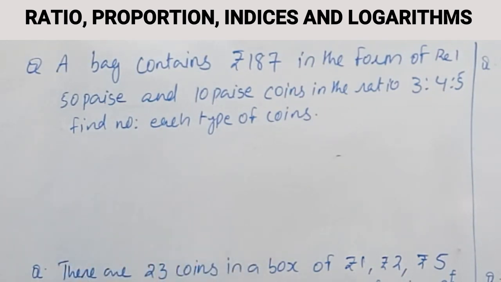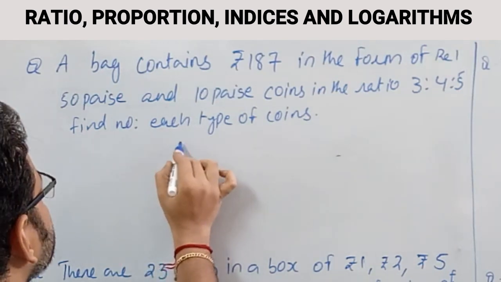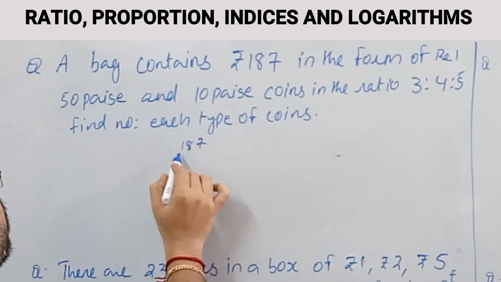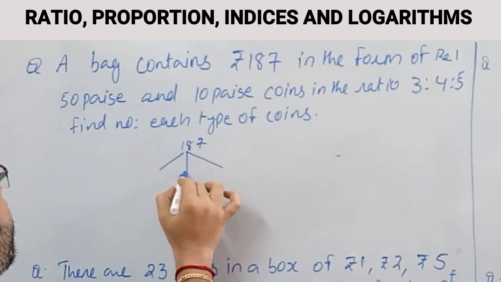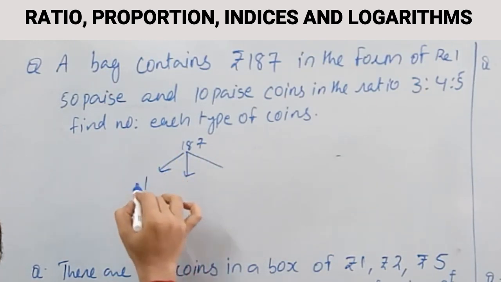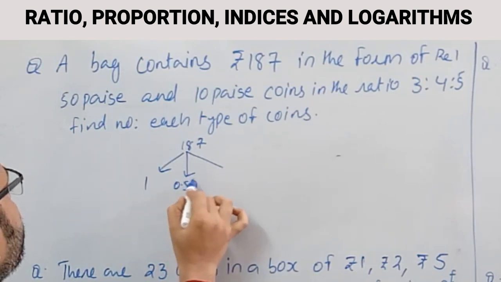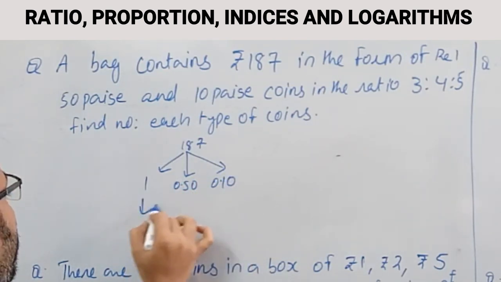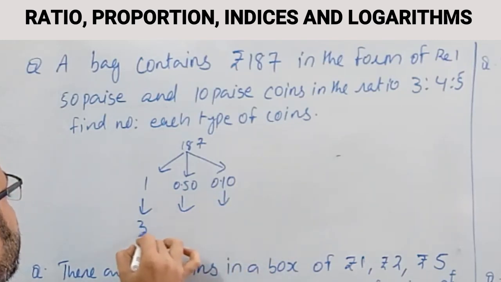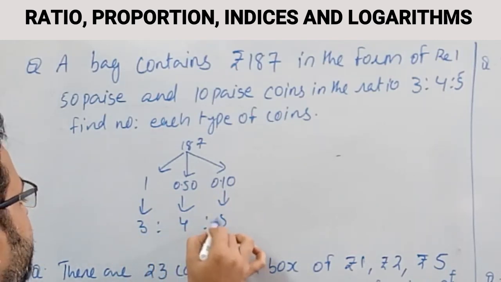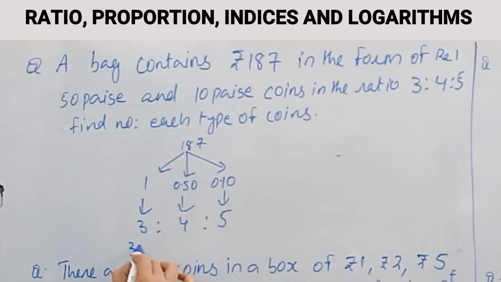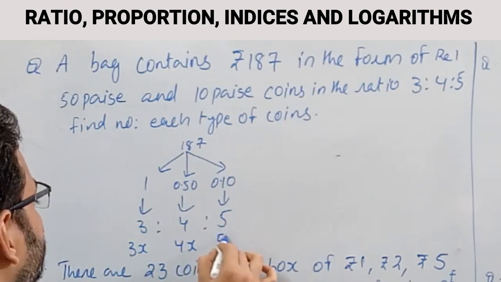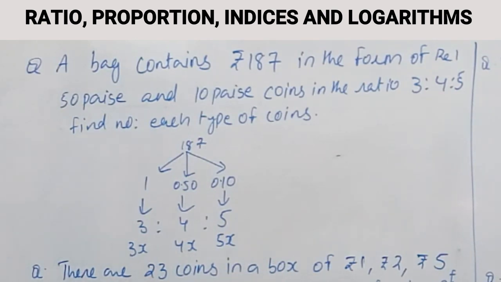The question says the bag contains 187 rupees in the form of 1 rupee, 50 paise and 10 paise coins in the ratio 3 is to 4 is to 5. That means there are 3x 1 rupee coins, 4x 50 paise coins and 5x 10 paise coins.